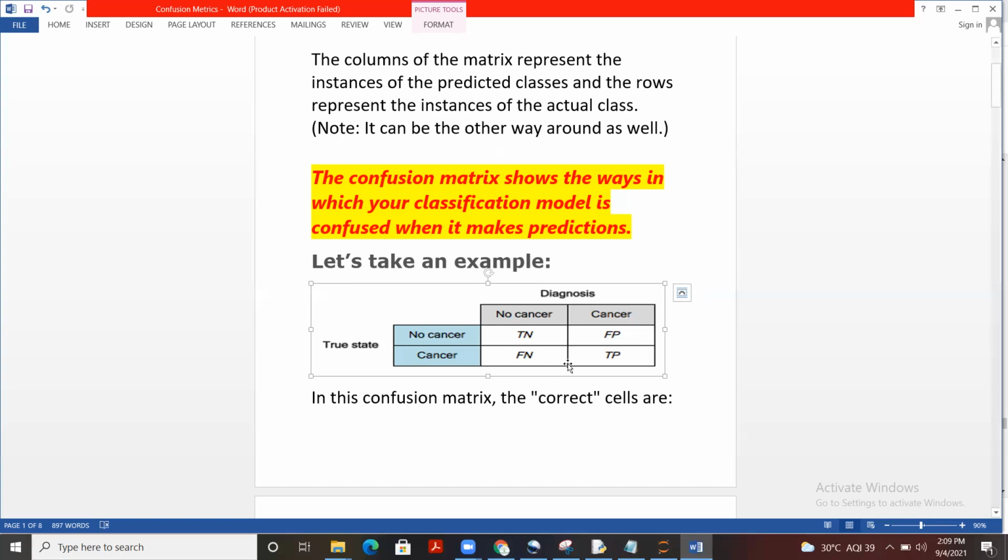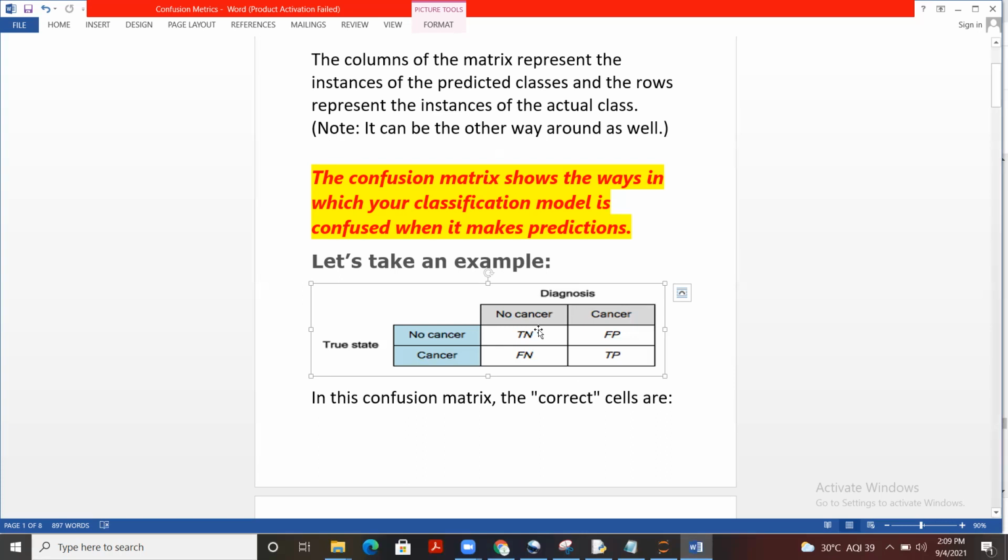So false negative is when the actual state was that the person was having cancer and you diagnosed that as not having cancer. And true positive was the person was having cancer and you diagnosed as a cancer patient. So you were accurate to the true state and the predicted state two times. One was the true negative, where the actual state was no cancer and you diagnosed that as no cancer.